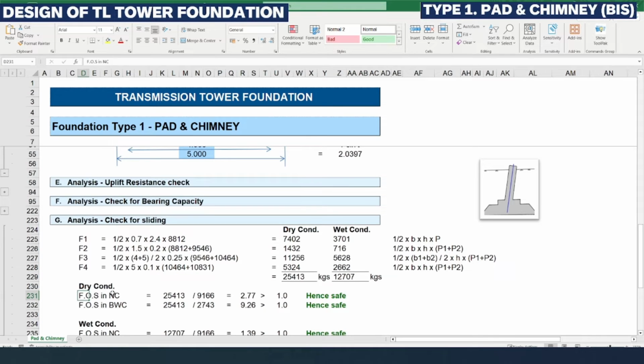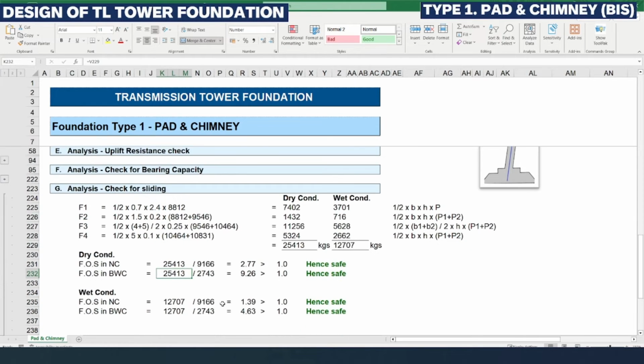Now factor of safety we need to consider. So this is the resisting shear force which we had calculated just now, and this should be greater than 1.2. So this we are going to check with the dry condition.